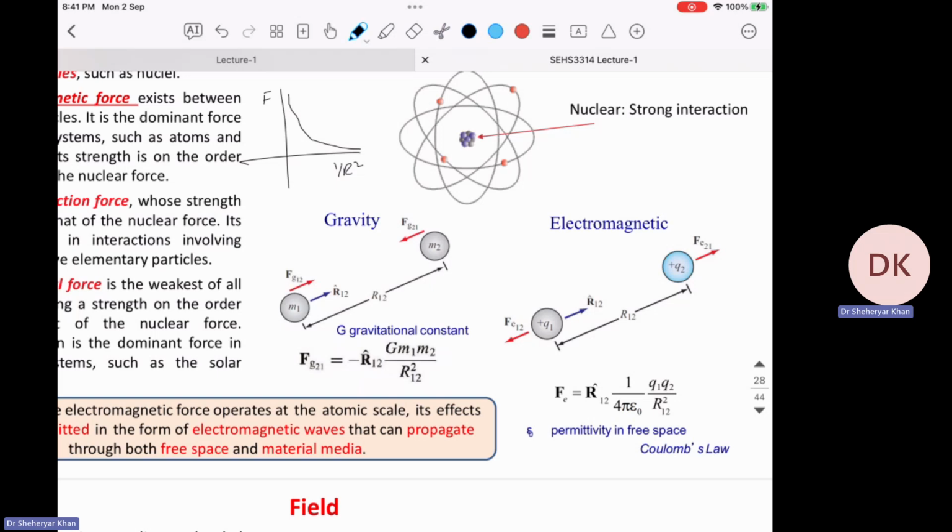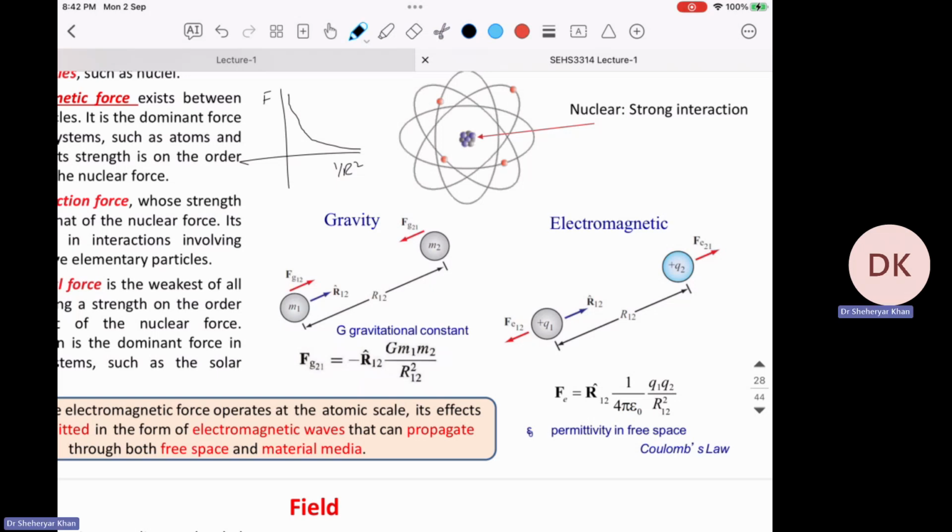Now, what is this 1/4 pi epsilon naught? Here we have a gravitational constant. So what is this thing? Epsilon naught. It is the material between the charges.